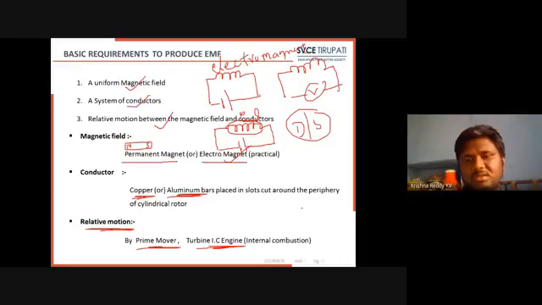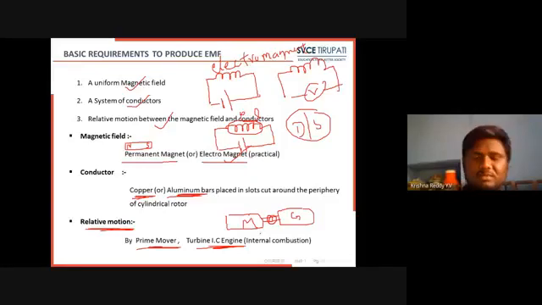Prime mover means that for the generator, we always use a motor as the prime mover. The motor shaft and generator rotor shaft are both connected with the help of a shaft. For the motor we give electrical energy as the input and take mechanical energy as the output.